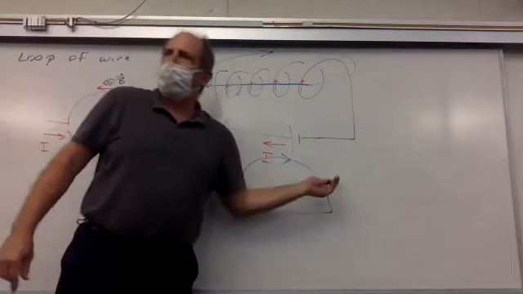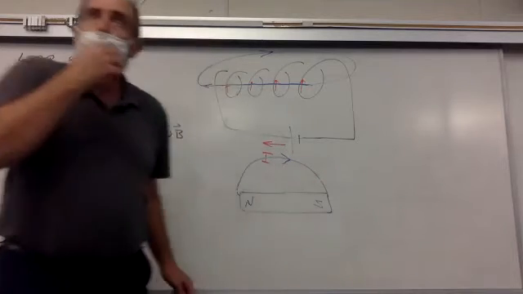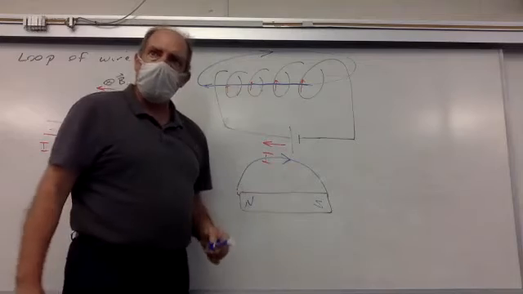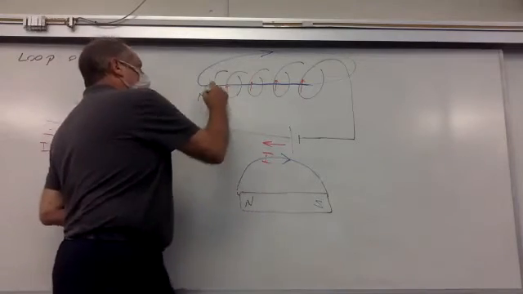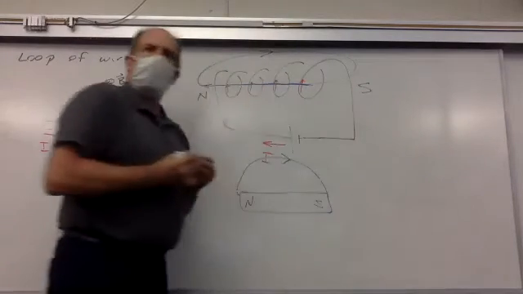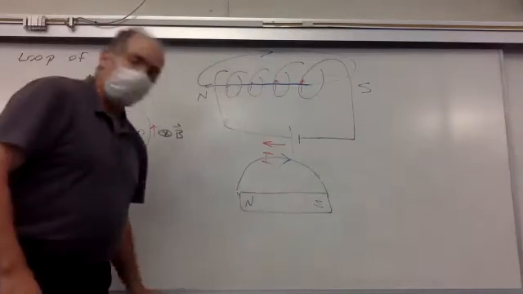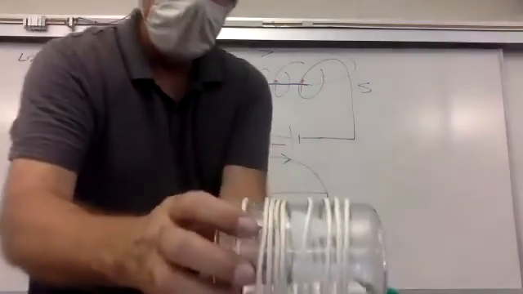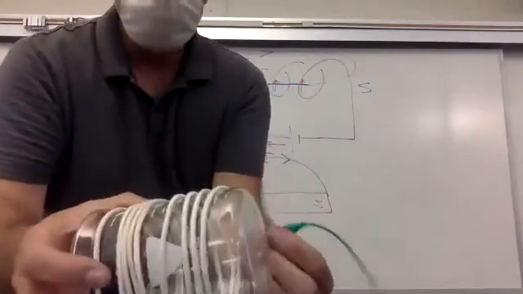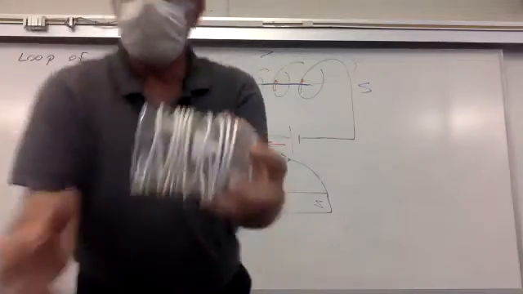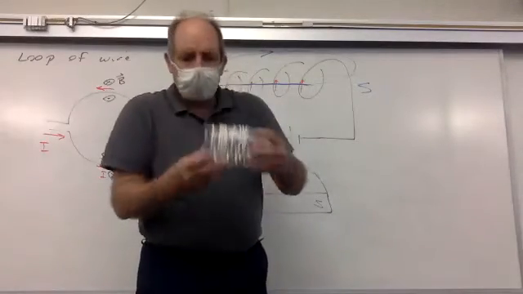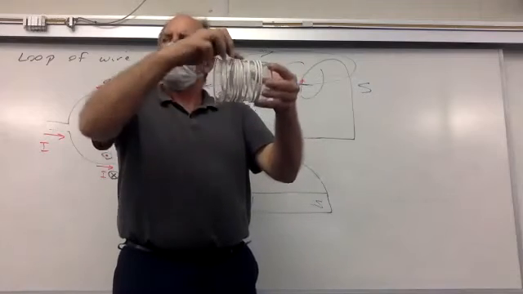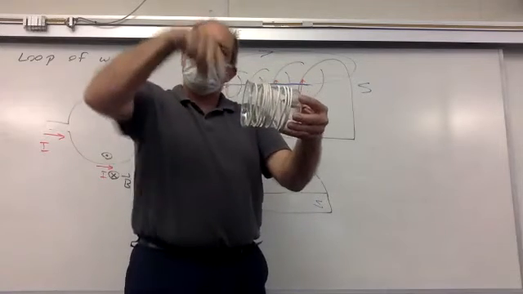Field lines go from north to south? Yeah, they do. So this coil would act like a bar magnet that has a north pole on the left and a south pole on the right. Okay. So if I take this coil and I put it so that the current is going up in the front, down in the back, up in the front, down in the back, I'm going to have a north pole over here.